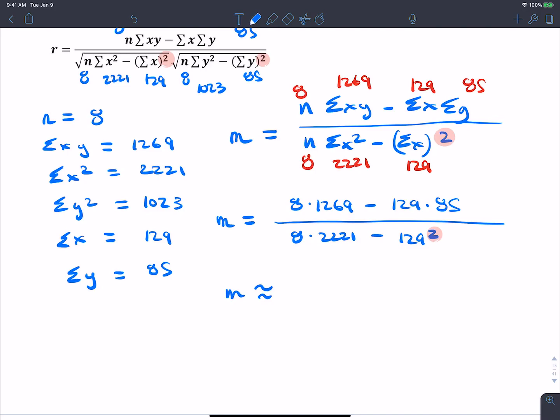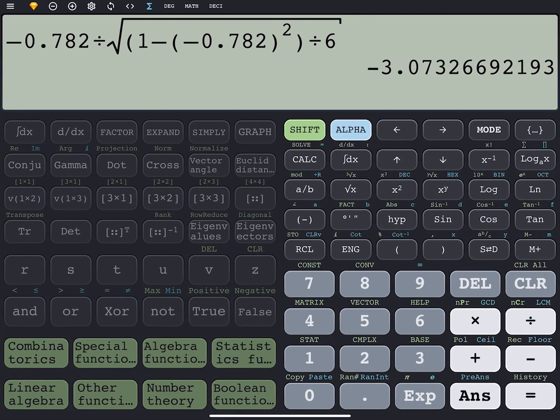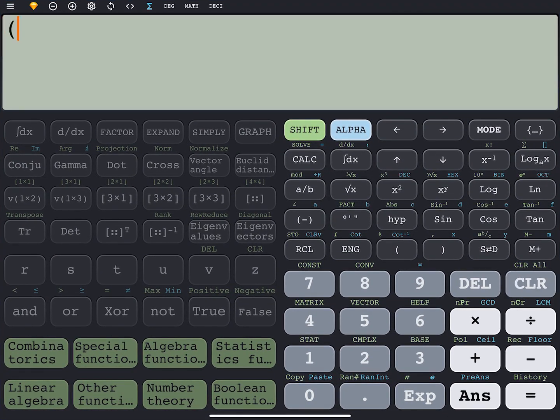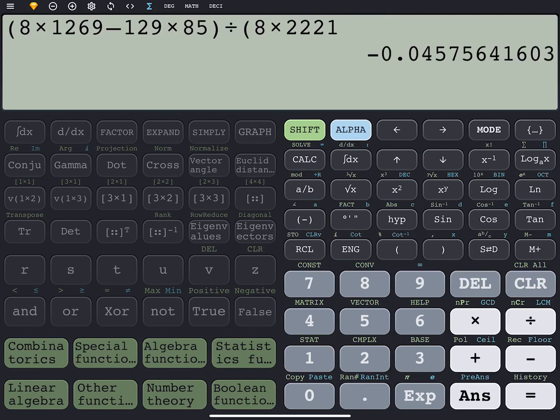We're going to go to our calculator now. Okay, so let's get this value. This is 8 times, what's that sum xy value? 1269. Okay, minus 129 times 85. Close that. Divided by, what's n? 8 times, what's that sum x squared? 2,221.